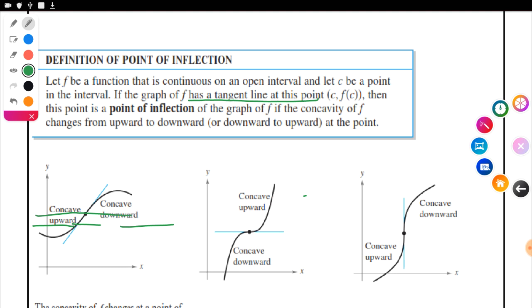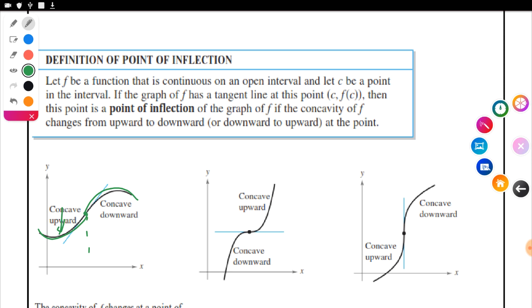Then, this is a point of inflection of the graph of f if the concavity of the function changes from upward to downward, or downward to upward at this point. As I'll show you now, here the concavity of this function is upward, and at this point, which is a point of inflection, it changes to downward.